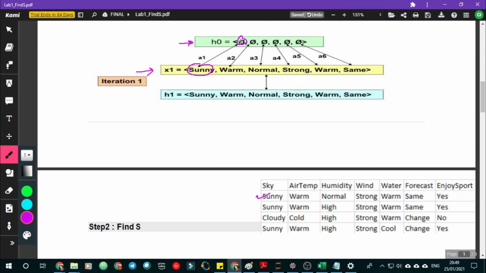If both are different, then I need to discard this and update it with the attribute value which is present in the data sample.